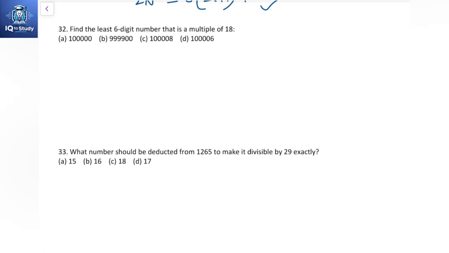Find the least 6-digit number that is a multiple of 18. The least 6-digit number is 1 lakh. Let's divide it by 18. 18 5s are 90.